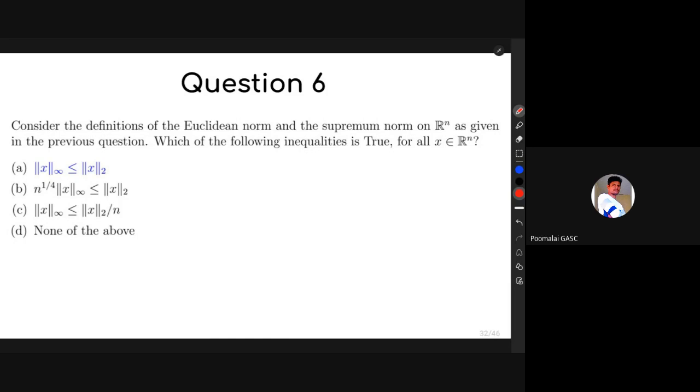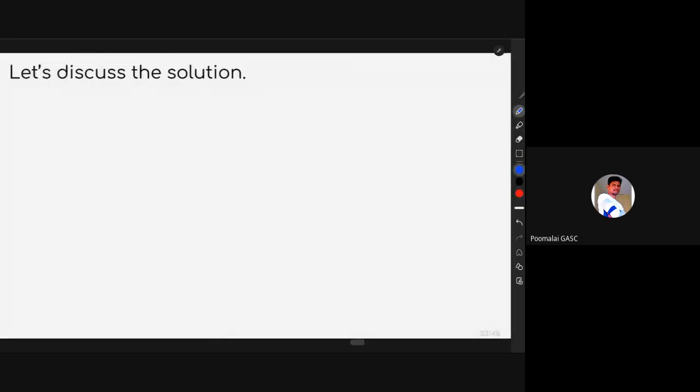We need to again keep in mind the definitions of the Euclidean norm and the supremum norm. Again, I'm starting with x, which is sitting inside Rn.